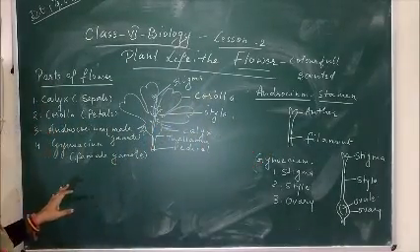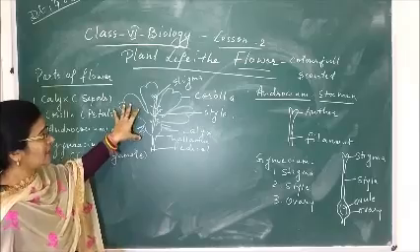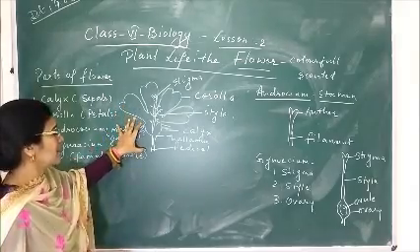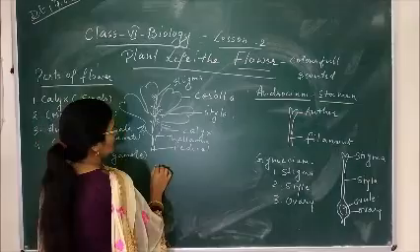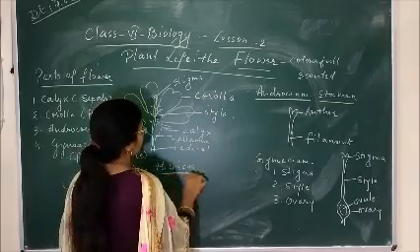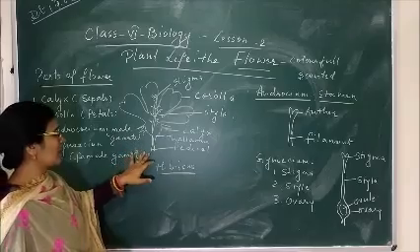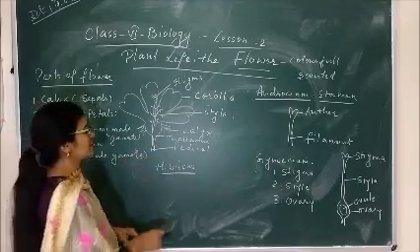Now here in this chapter we will study the different parts of the flower. As I have drawn the diagram of the flower here, it is the diagram of the hibiscus flower. Here you can see the different parts of the flower. The lowest part is called the pedicel.